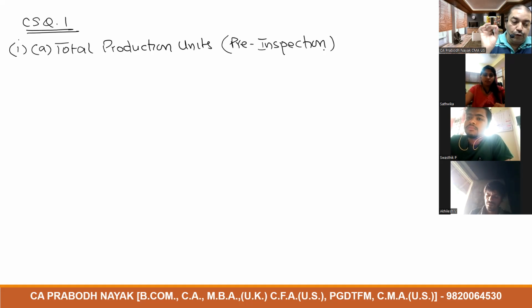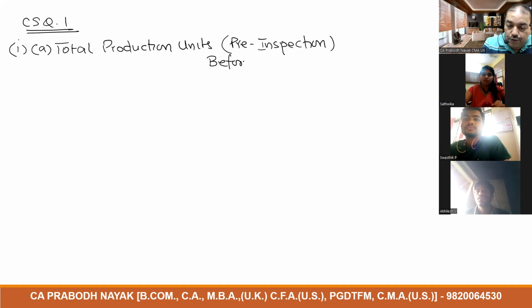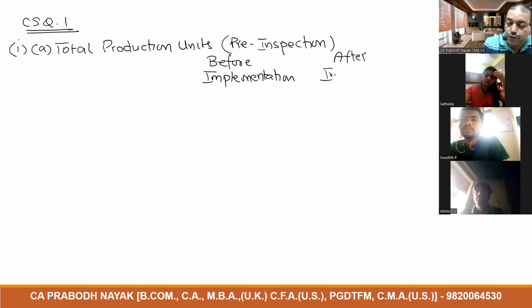Okay, I'll stop writing. Pay attention. I'll first show all the calculations. Then you can copy it down. Understand the calculations first, before implementation and after implementation. Just look at the calculations. Don't do anything. I'll give you time to write.